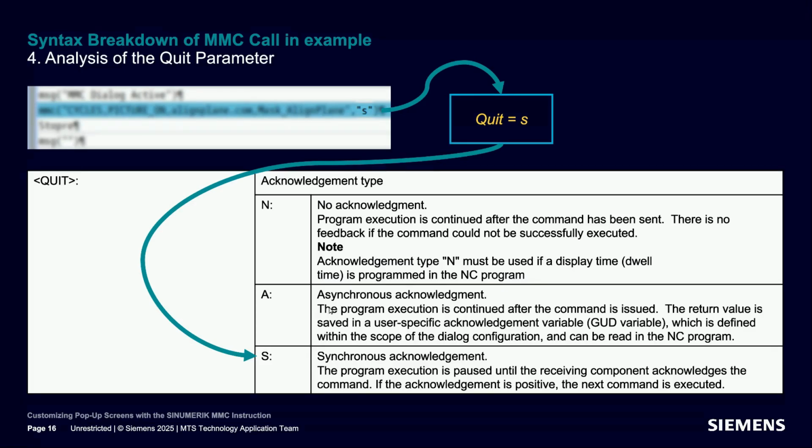A is asynchronous, so this is similar, but we'll have feedback if the command was executed properly. And the final one is called synchronous acknowledgement. I chose this one because I wanted it so that as soon as I pushed the green button, the machine continued with the part program. And that may not be how you want it in your custom application.